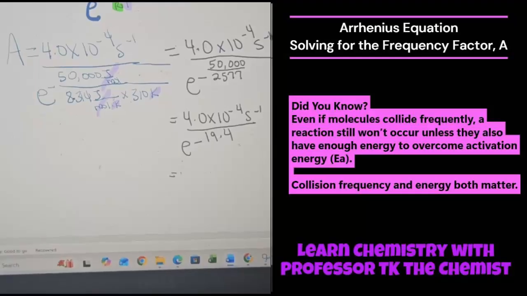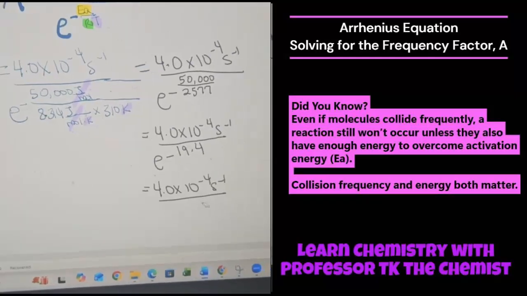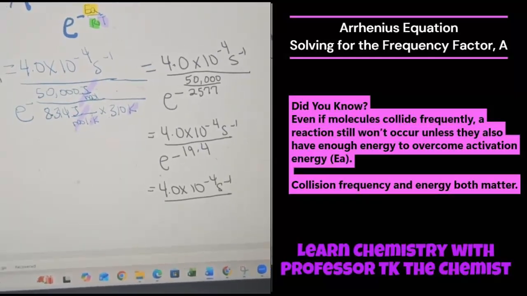Now, get your e to that negative 19.4. I got 3.756, something like that, but I'm rounding off to your significant digits: 3.76 times 10 to the negative 9th.